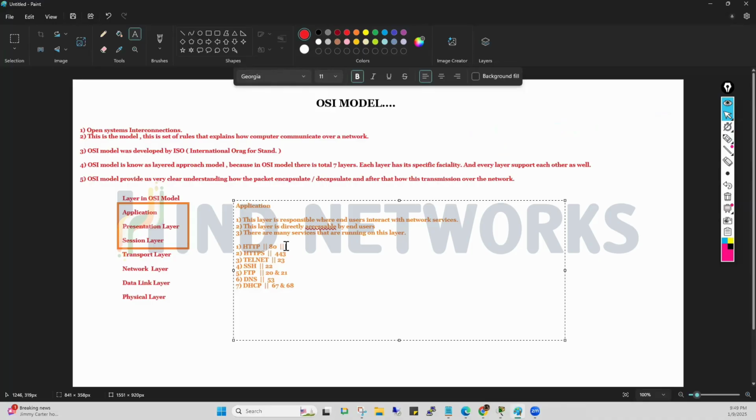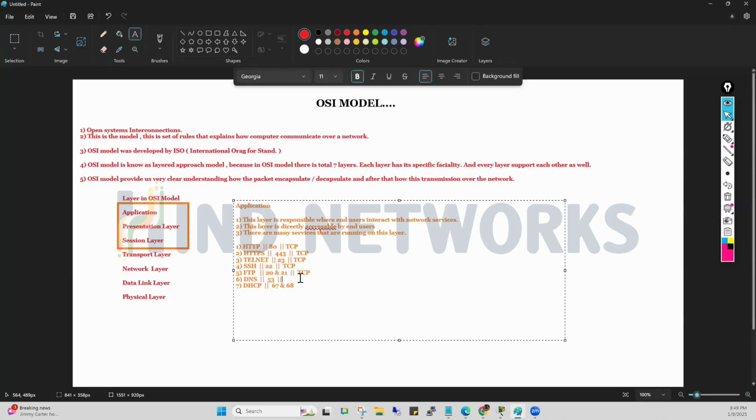Please remember, if there is HTTP, then definitely it will use TCP. If you are using HTTPS, it uses TCP. If you are using Telnet, it will use TCP. If you are using SSH, it will again use TCP. If you are using FTP, file transfer protocol, it will also use TCP.